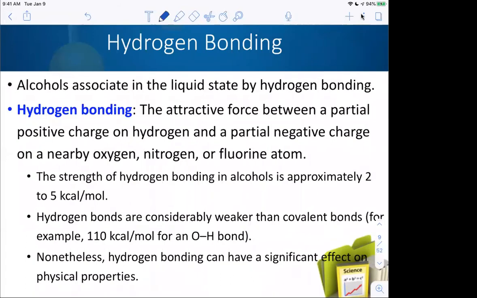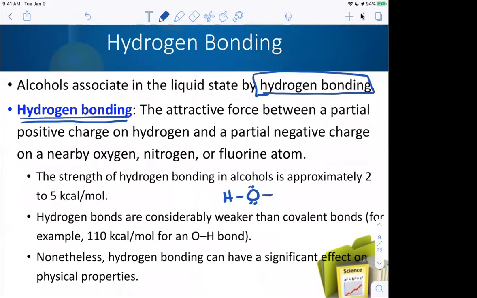Remember, when I have an H bonded to an O, I have the capability for hydrogen bonding. So alcohols associate with each other in the liquid state by hydrogen bonding. Remember what this hydrogen bonding is.